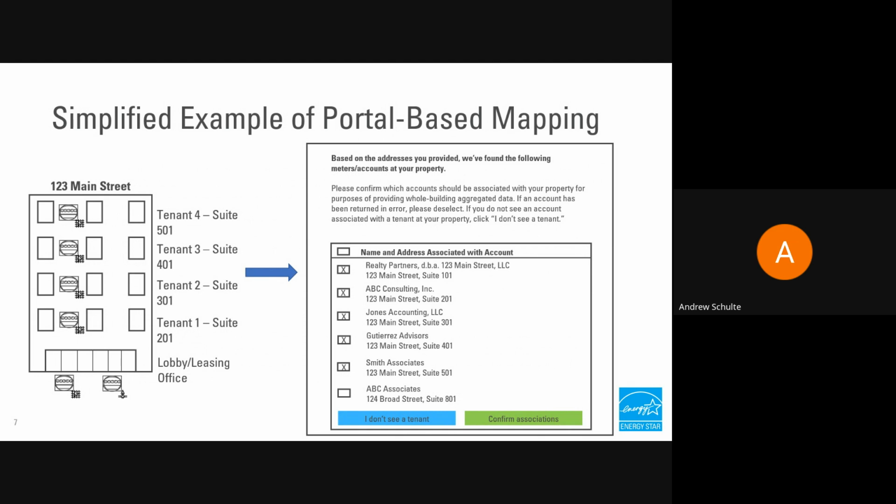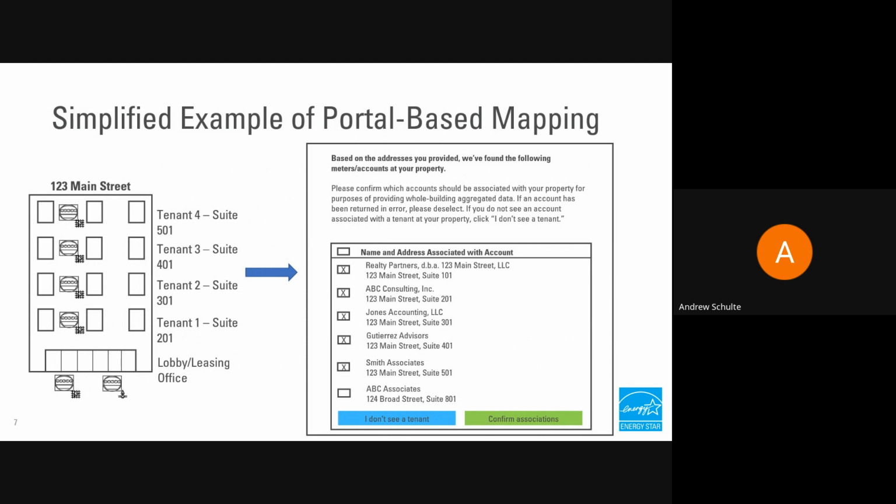And the general idea here, we've mocked up a very simple building which has 4 tenants and then a building owner that pays the bill for the base building and common area space. And so the idea here is that in an idealized scenario, the building owner for 123 Main Street would come to the utility and say, hey, I need help obtaining my aggregate whole building data.